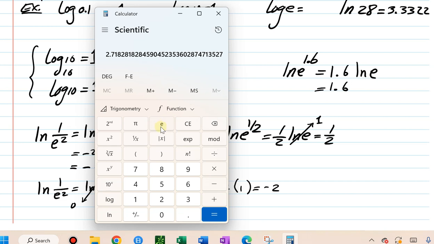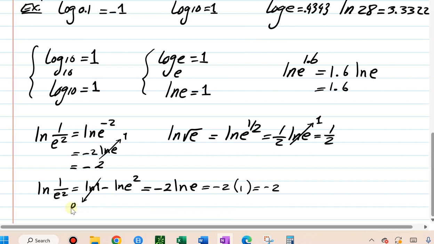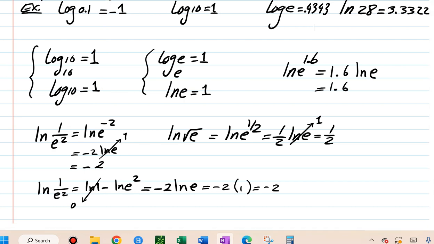I said approximately 2.718, but again, it's an irrational number, so those digits go forever. 2.718281828459045, and so on. And we're going to do common log of that, log. And the answer is going to be 0.4343 to 4 decimals. And there we have that one.